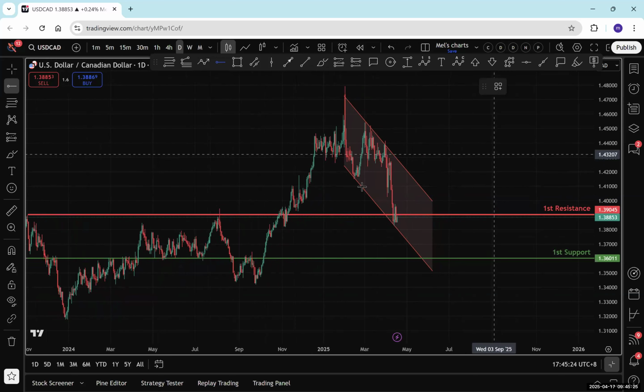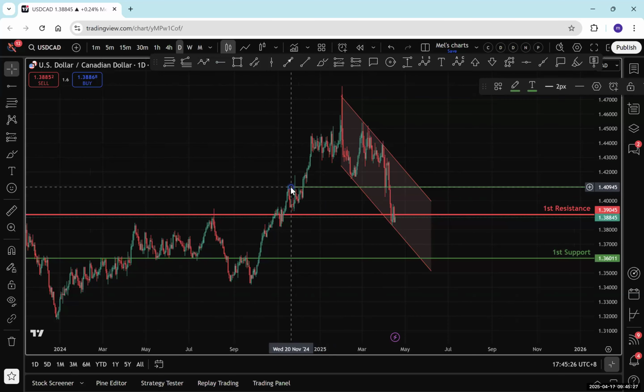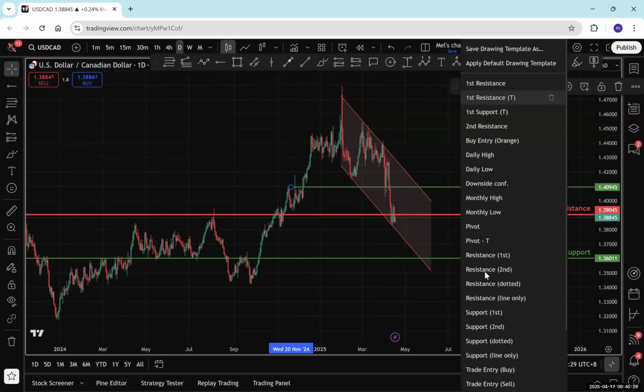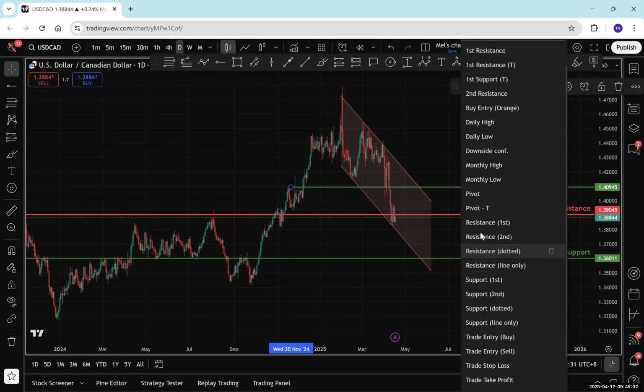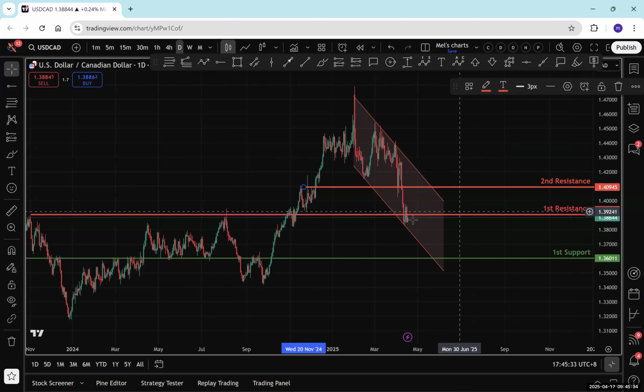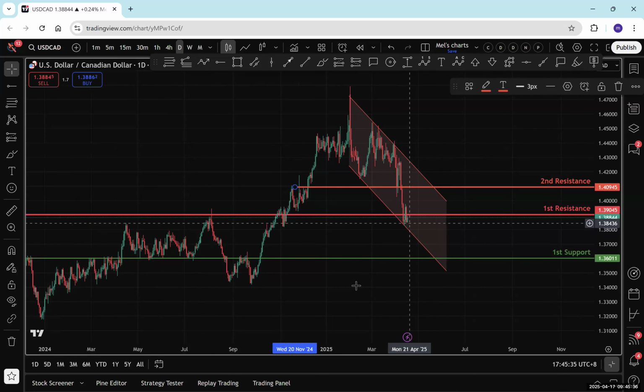Okay, I'm not going to bother with a second support. I'll place my second resistance up here, because our first support is still quite a distance away from where price is currently at.